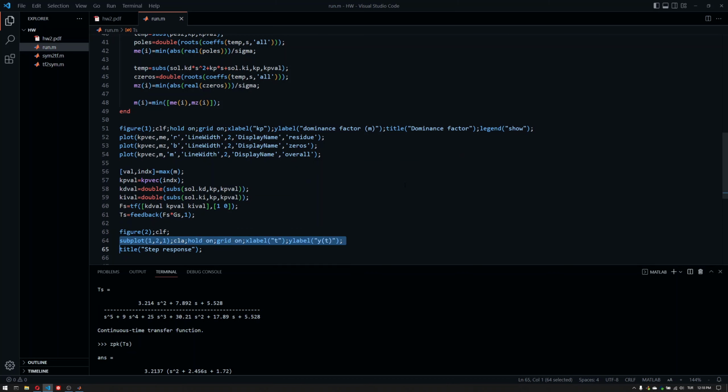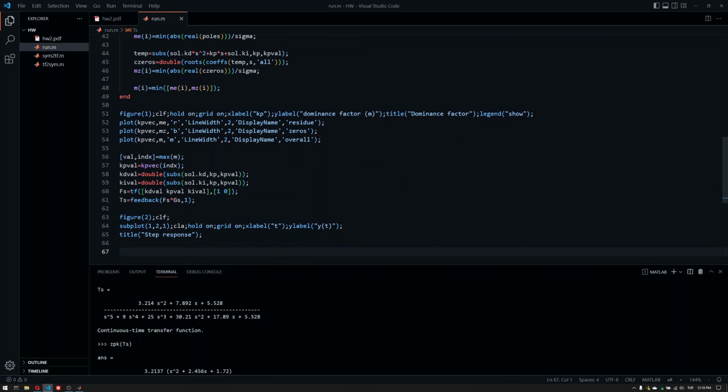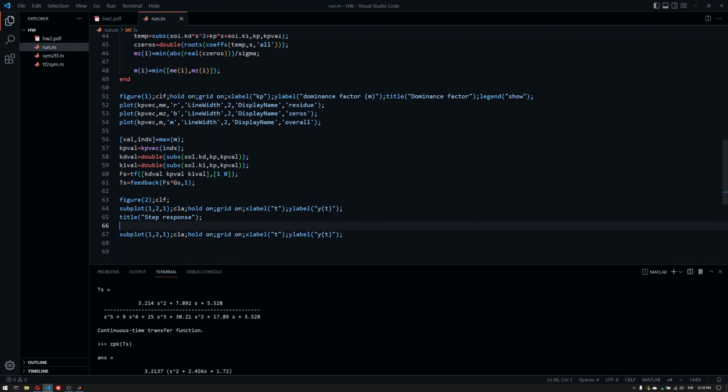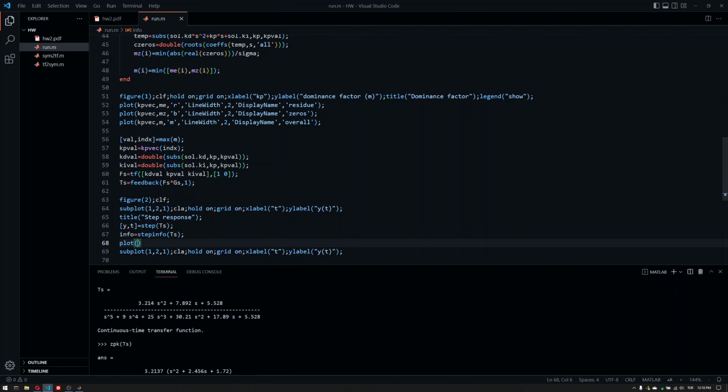First one of this. So let's have y comma t, step, ts, info equals stepinfo ts, and then plot t comma y.